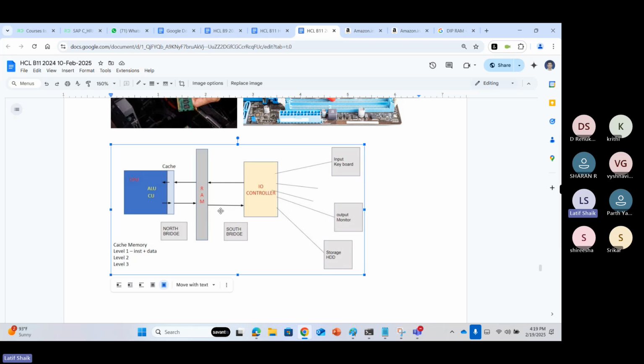Some still follow the old design. The north bridge controls communication between the CPU and RAM. The south bridge controls communication between your RAM and the I/O controller, I/O devices, or peripheral communication.